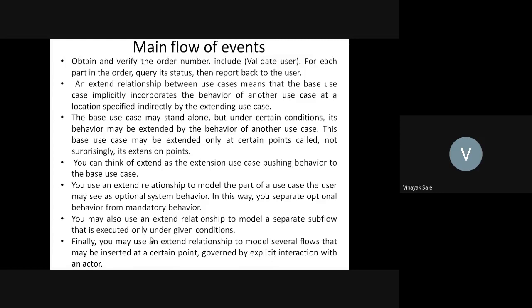You may also use an extend relationship to model a separate subflow that is executed only under given conditions. Finally, you may use an extend relationship to model several flows that may be inserted at a certain point, governed by explicit interaction with an actor.